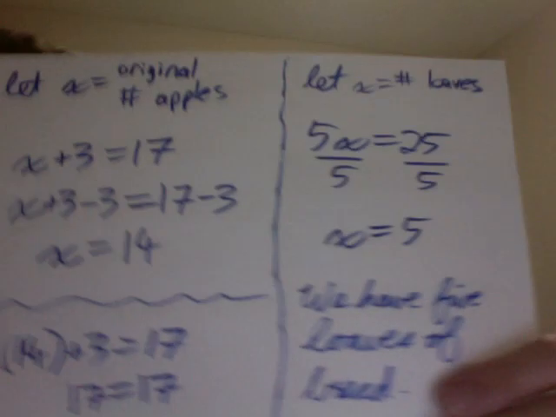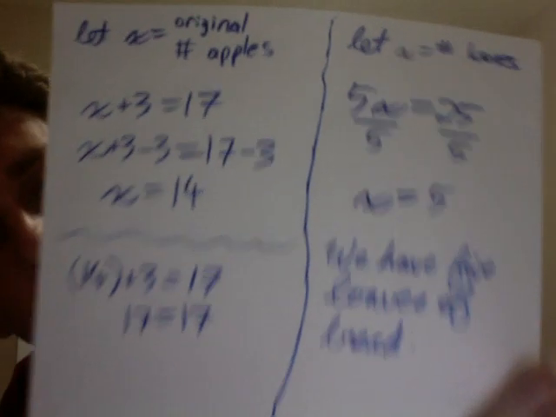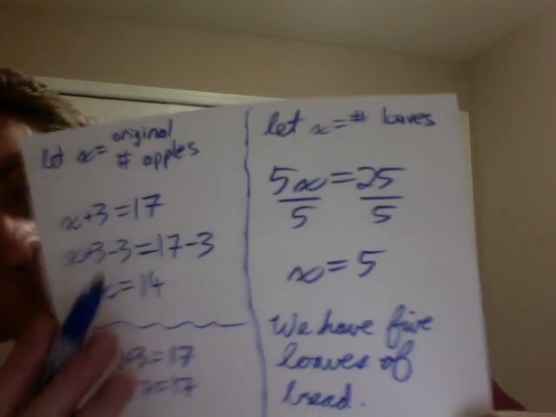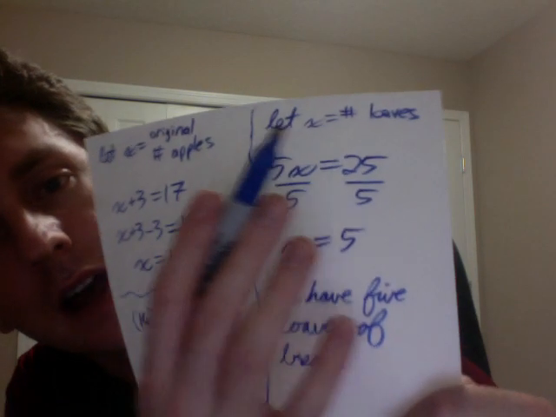So therefore, we have 5 loaves of bread. And I'm writing this out as a sentence because that's what you do in math, in a word problem. We have 5 loaves of bread. Now, once again, if you want to verify that, you can plug in 5 for the x. You'll see 5 times 5 equals 25 in your original equation.